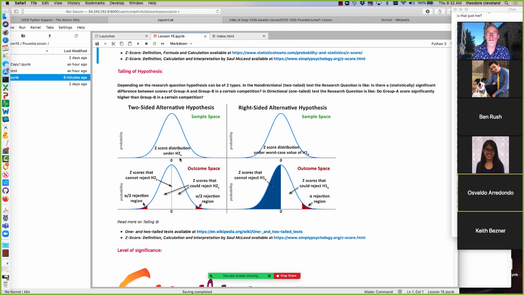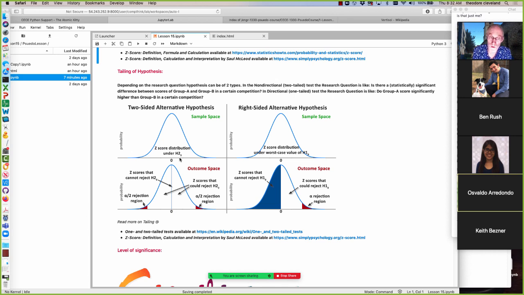Depending on the questions we're asking, there's a couple types of hypothesis tests. One is called a two-sided or a two-tailed test. The other one are single-sided tests, or in this graphic here, referred to as a right-sided hypothesis. In the two-tailed test, we're posing questions of the nature that, is there a difference between group A and group B in a certain comparison?